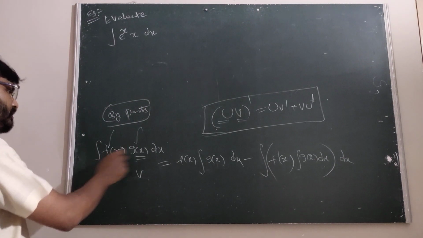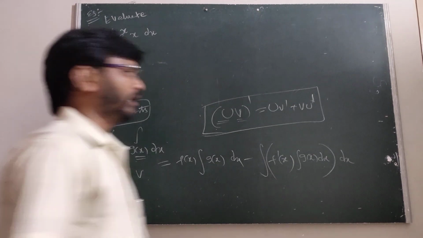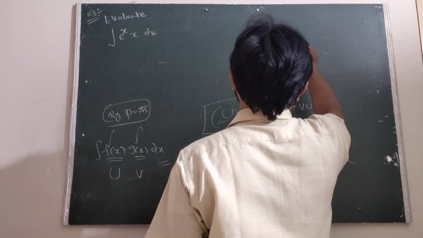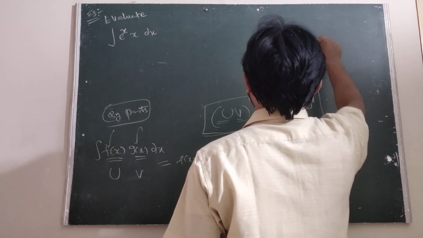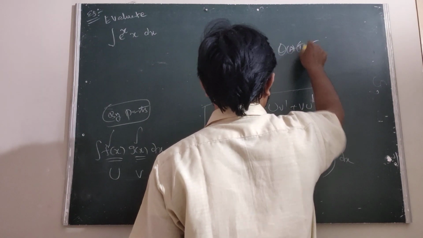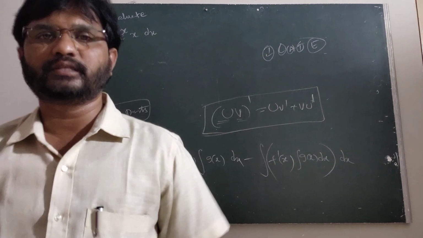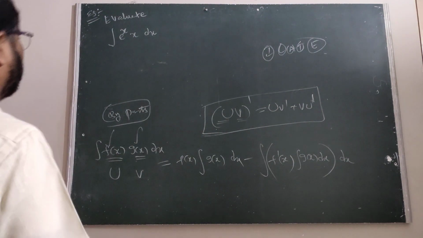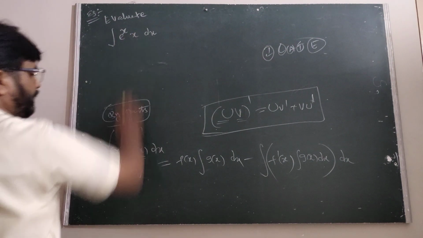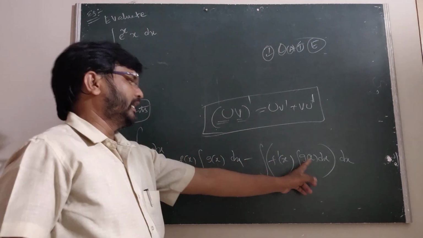So how to take the first and second function? By using the order ILATE. Sir, why are we taking this order? Suppose we are not taking this order, and we take the same order. What is the integral of x here? x square by 2.